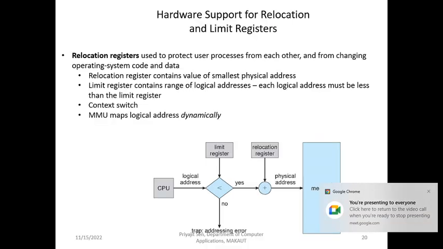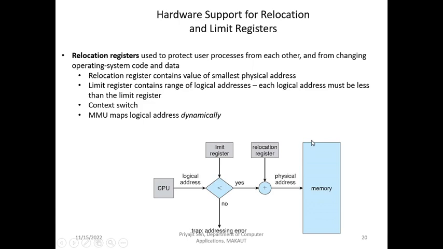So the relocation register. Now, this relocation register is used to protect user processes from each other, and from changing operating system code and data. So this thing is important here.